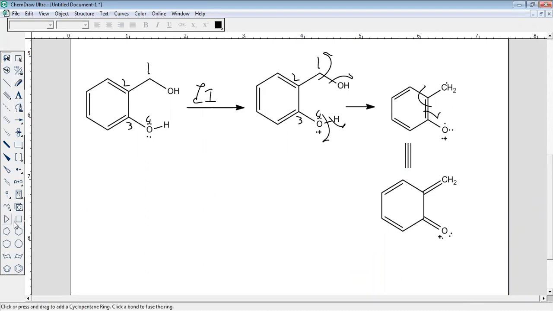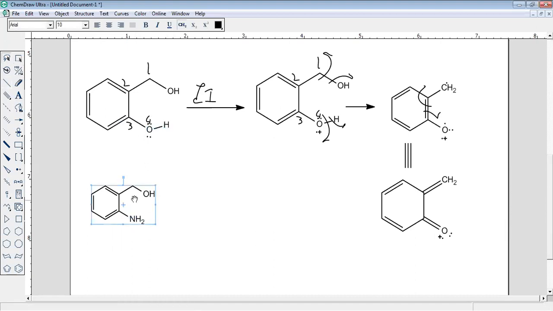Other examples which can show this fragment, we can write like this. See here, ortho-amino benzyl alcohol will also show the same similarity.